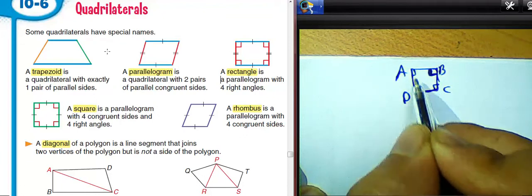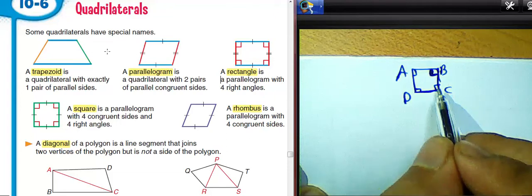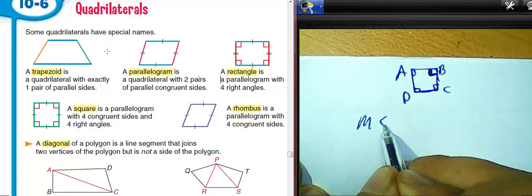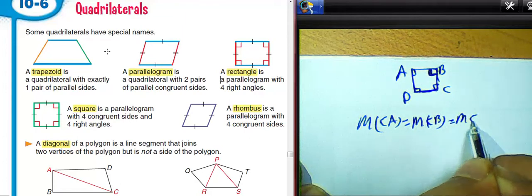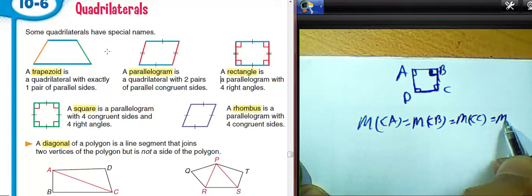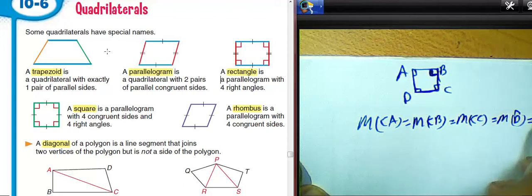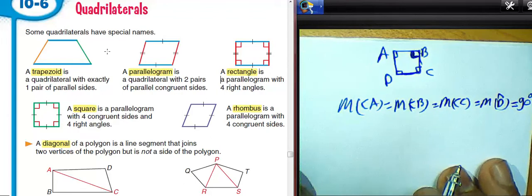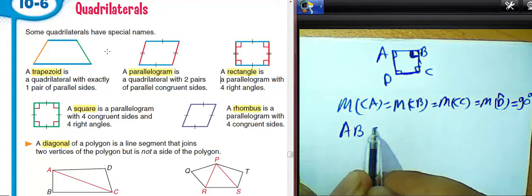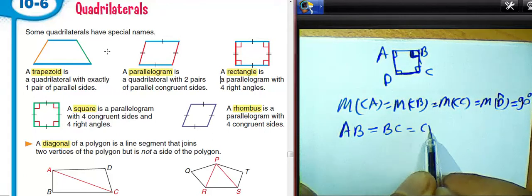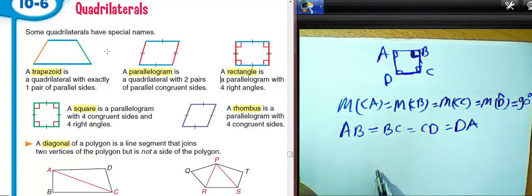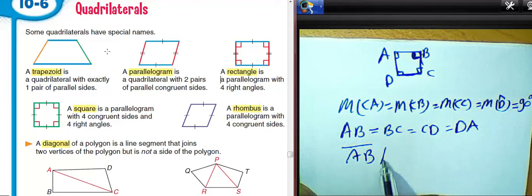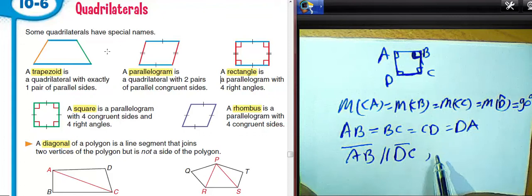We have four congruent sides and four right angles. The measure of angle A equals the measure of angle B equals the measure of angle C equals the measure of angle D equals 90 degrees, and AB equals BC equals CD equals DA in length, and AB is parallel to DC, and DC is parallel to AB.